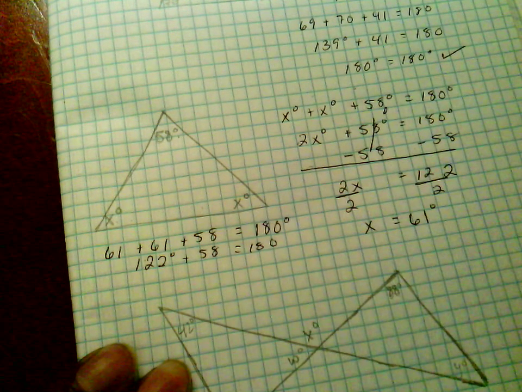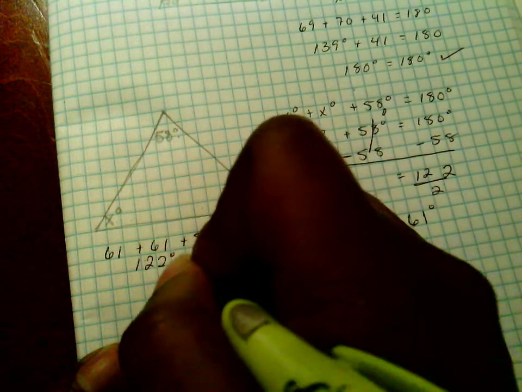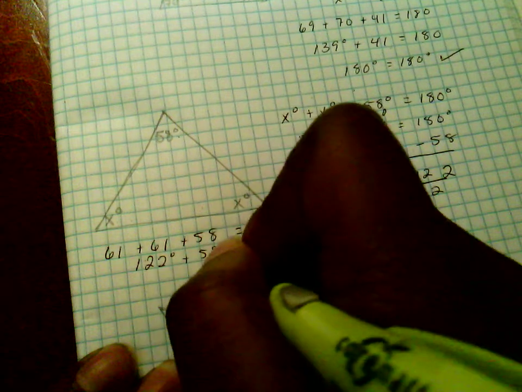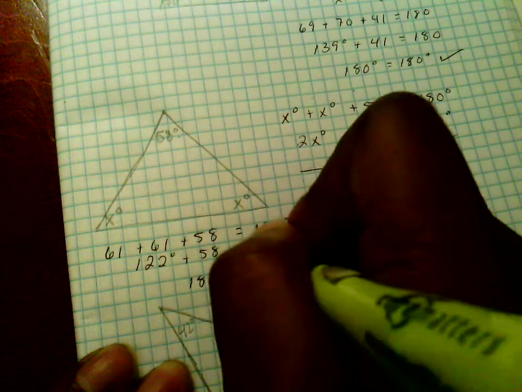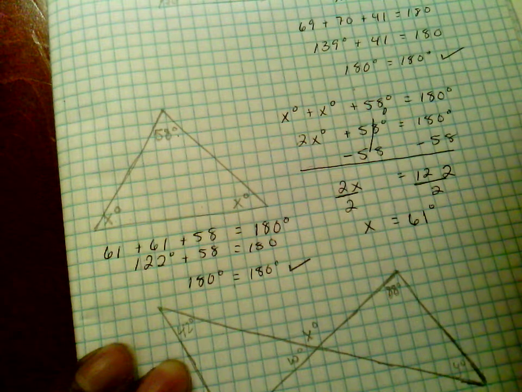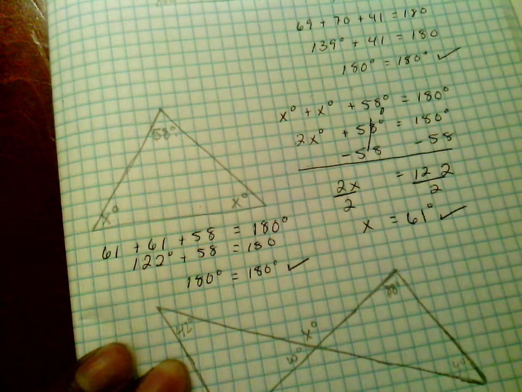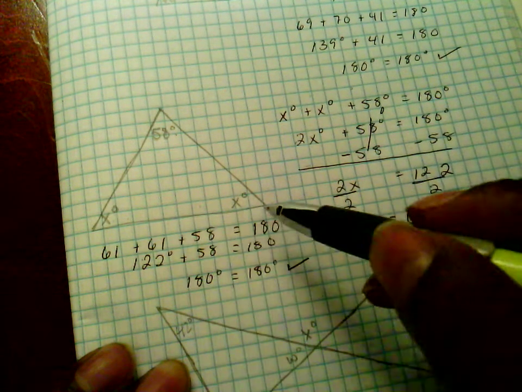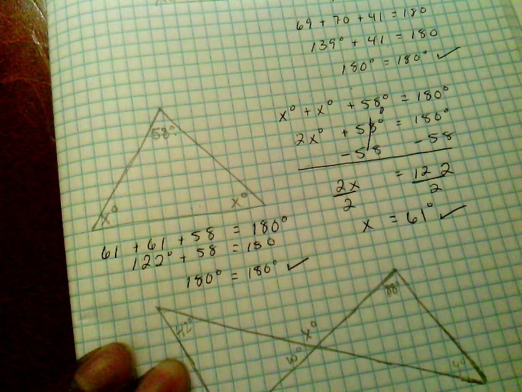And 122 plus 58 will give me 180 degrees on both sides here. And so since that checks out, this checks out that these two angles here are 61 degrees.